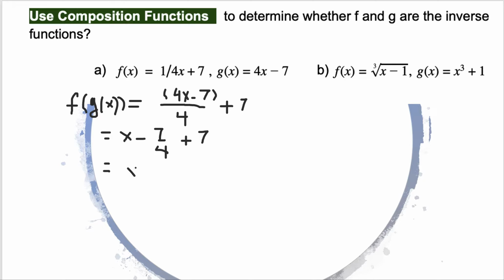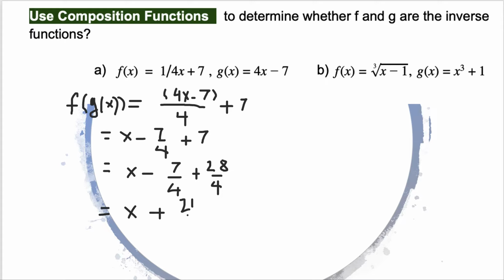Minus 7 over 4 plus 7. I can write the 7 in fraction form as 28 over 4, because 4 times 7 is 28. Because the two fractions have the same denominator, 28 minus 7 is 21. So x is going to be plus 21 over 4.